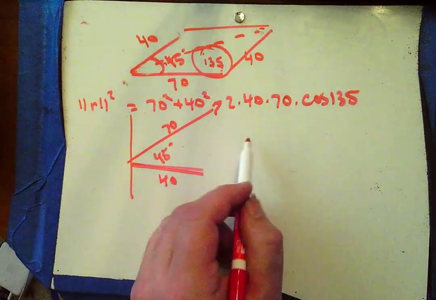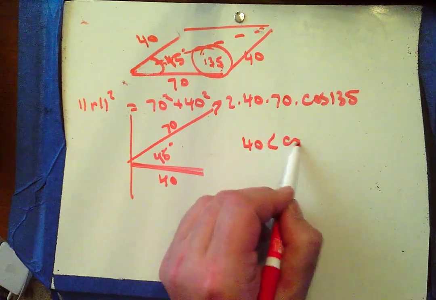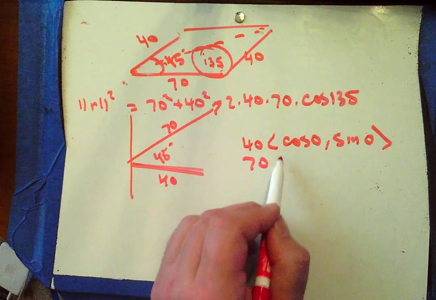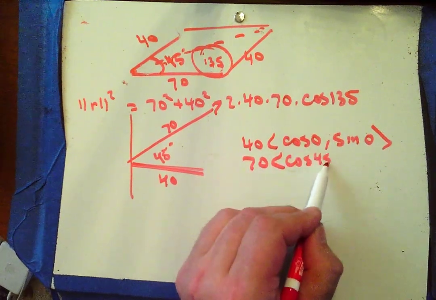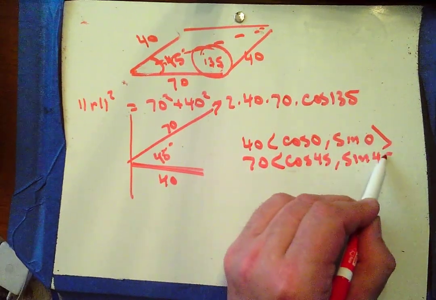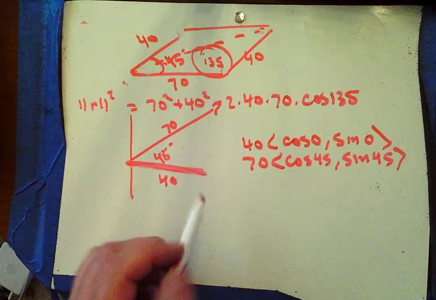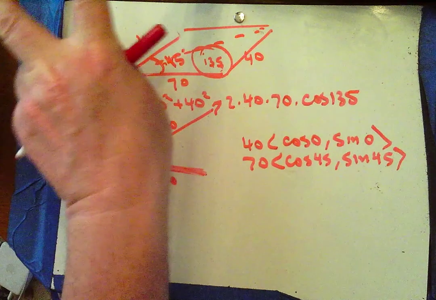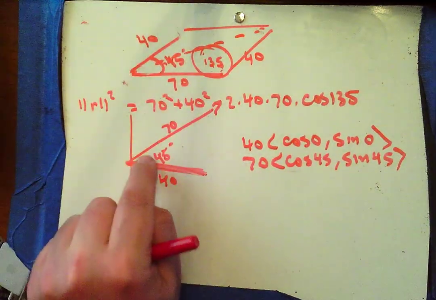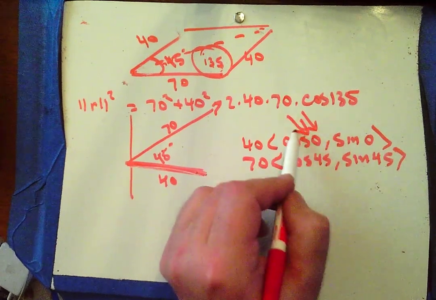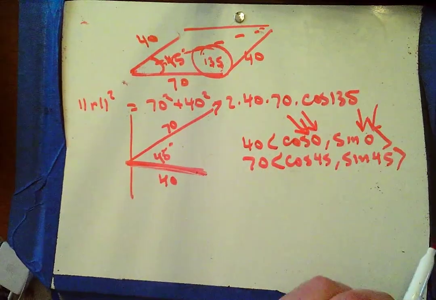So then I'm going to set up 40 cosine 0, sine 0, 70 cosine 45, sine 45. I get to choose this. I could rotate them and have them be anywhere, but I'm going to choose to line one of them up on the positive x-axis so that I know that angle.